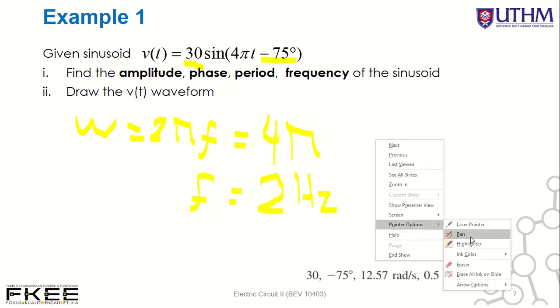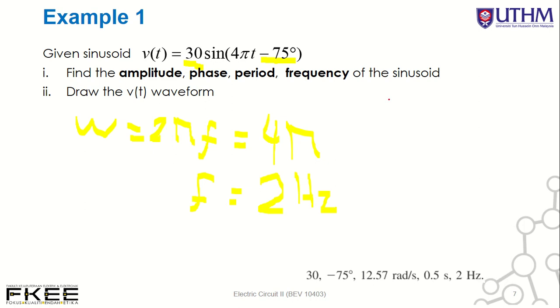We know that frequency equals 1 over T, sorry, my writing is not so nice using the mouse. Or in other words, T equals 1 over f. So frequency equals 2 hertz, and period T equals 1 over f.